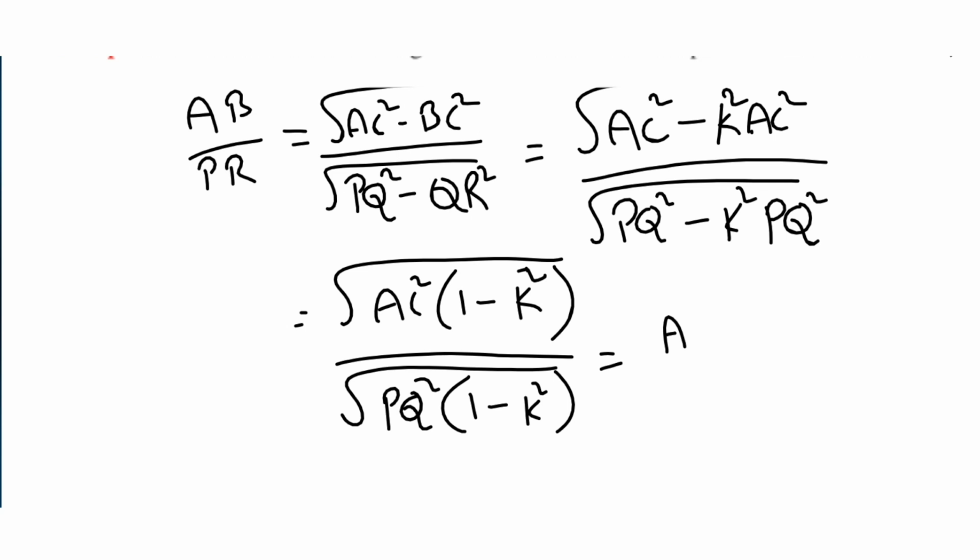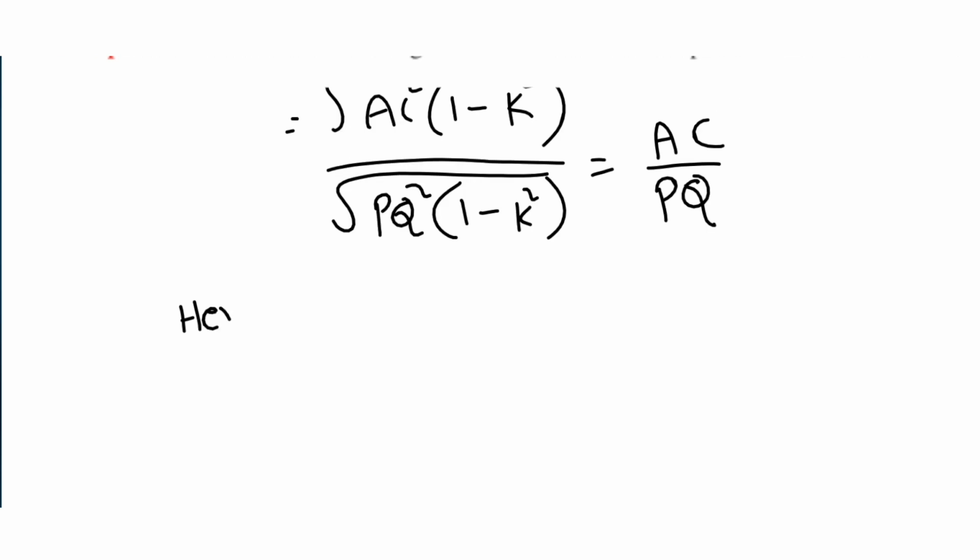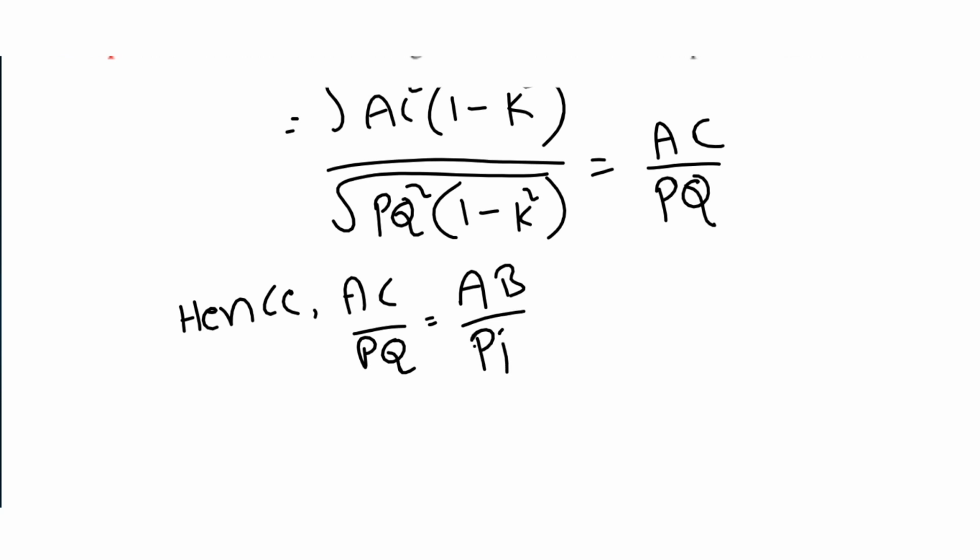So AC by PQ. Hence AC by PQ is equal to AB by PR, that equals BC by QR.